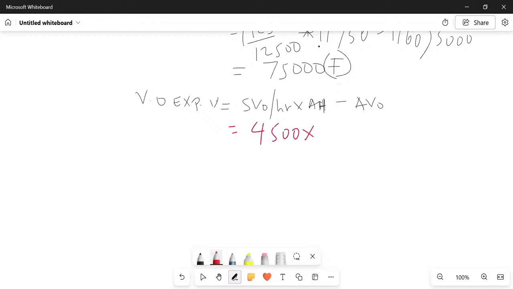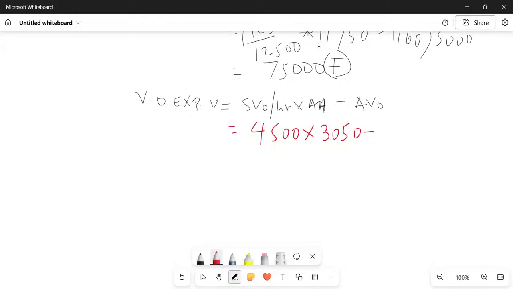Do we have actual hours? From the actual information, 3,050. Do we have actual variable overheads from the actual information?